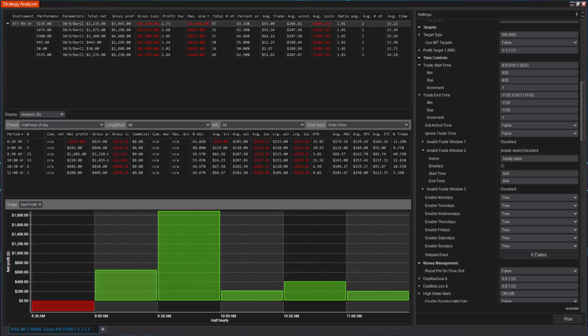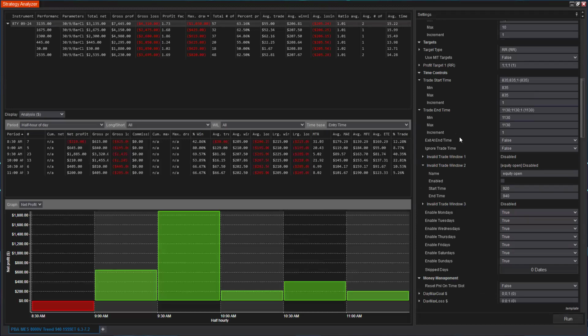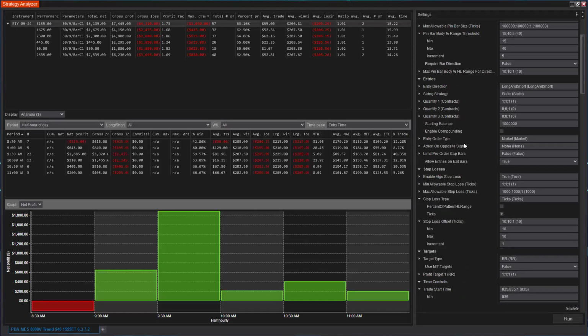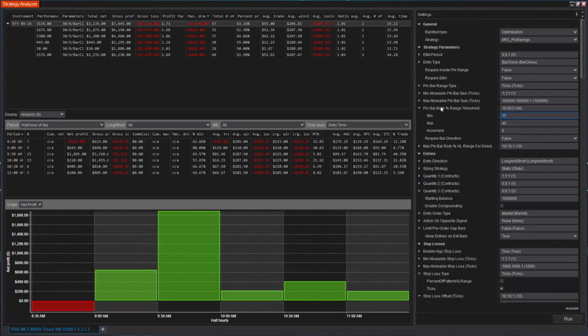Interesting. So the percent range came in at 40. Anytime you're at the extreme, you probably want to look at bumping it out a little bit and see if it makes any difference.